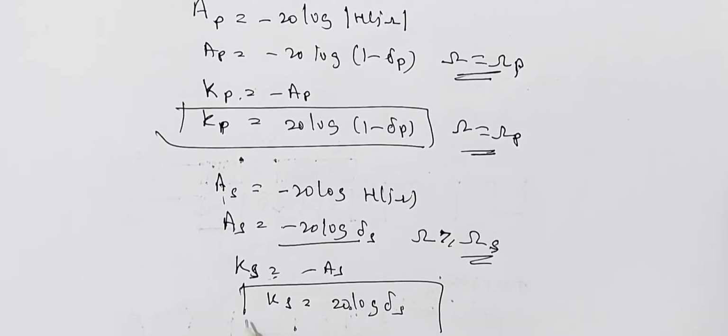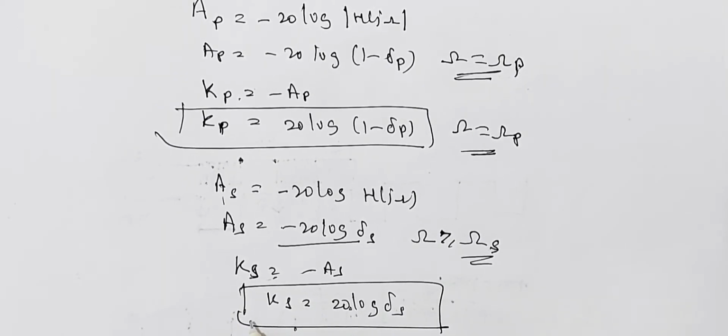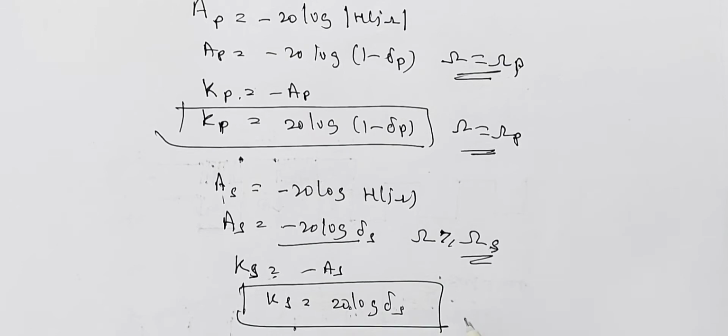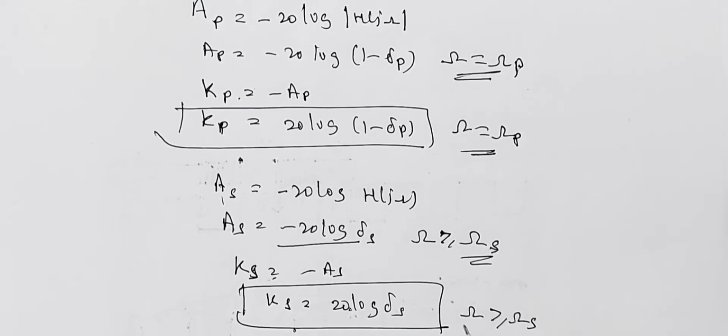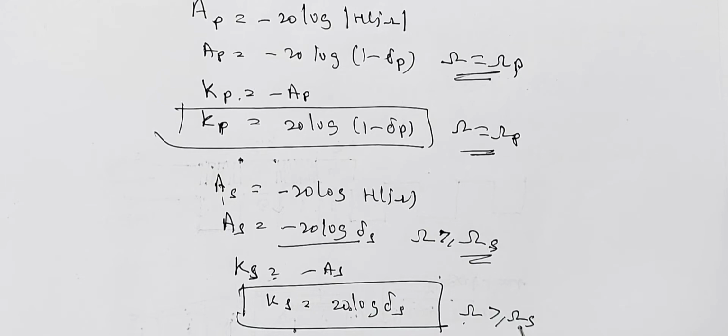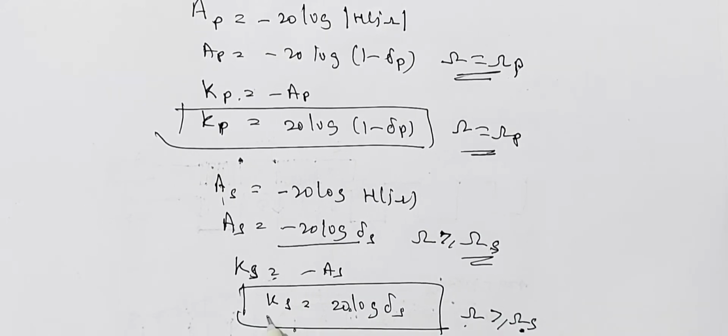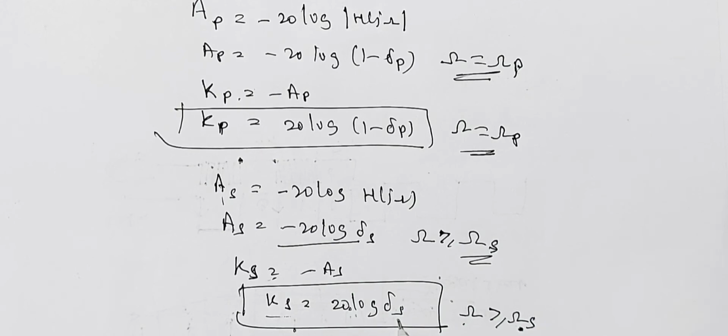This is the stop band gain, where frequency is greater than or equal to omega s. When the frequency reaches omega s, that is the stop band frequency, or more than that, the value is almost 0. That is the stop band gain.